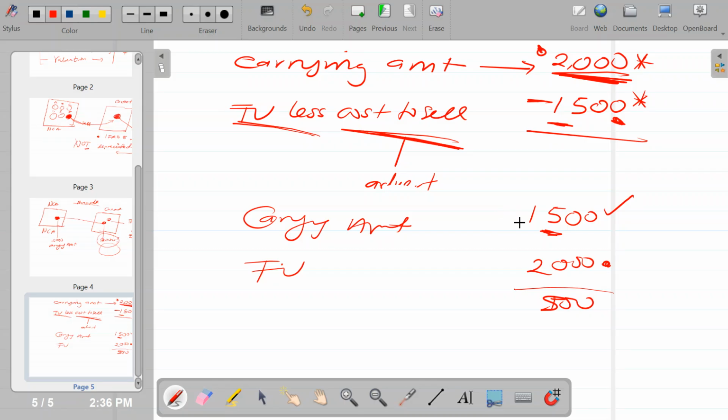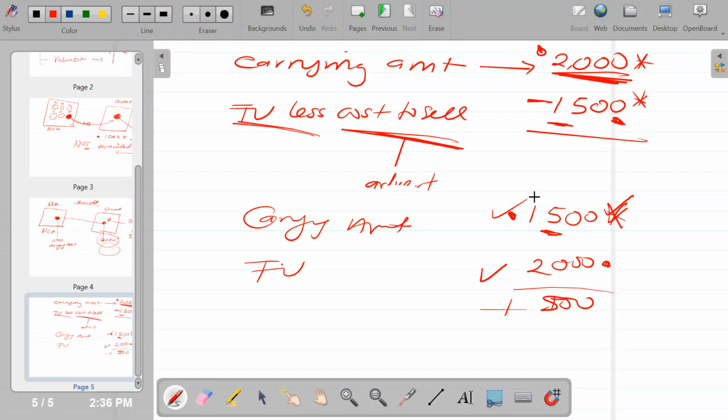Yes, because we are saying the value is this, but when we sell, we are even getting more than this. So in that case, we will maintain the carrying amount, which is the lower, because we will not make a loss if we sell it. We will even make a profit. So we have to maintain the carrying amount.